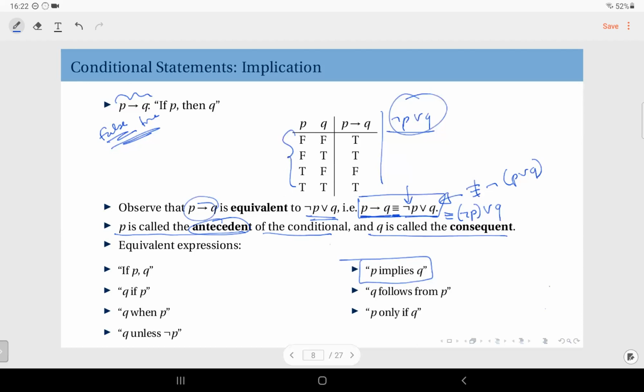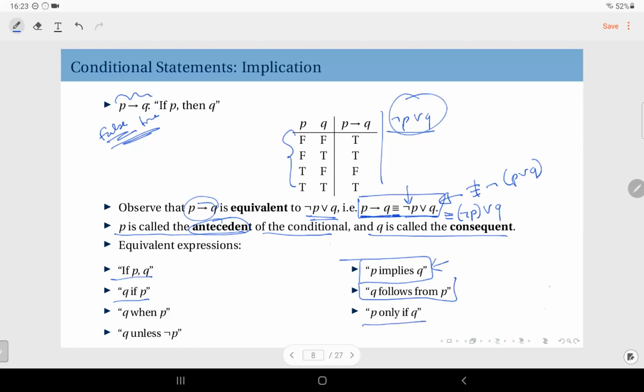Furthermore, you can express, especially in natural language, the implication in several different ways. If P, Q; Q if P; Q when P; or Q unless not P is another way to put it. Obviously, we talked about P implies Q, and you will encounter this in mathematical texts more frequently, or rather, Q follows from P. That's another way to put it.